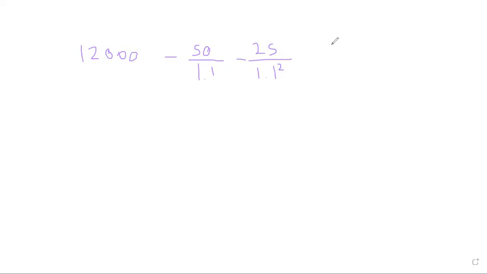So plus 250 times 1.1 to the power 20 minus 1 over 0.1 times 1.1 to the power 20.